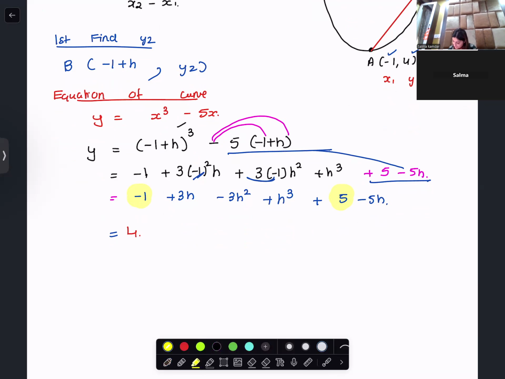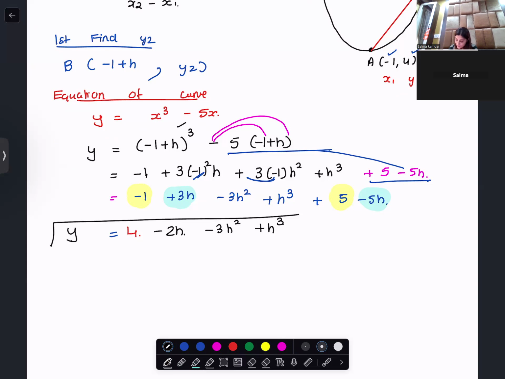Let's do the h terms. I have plus 3h and minus 5h, which gives me minus 2h. Then I have minus 3h square and plus h cube. So when I substitute the value of x2 in the equation, I get y, which is my y2, the y at point B.